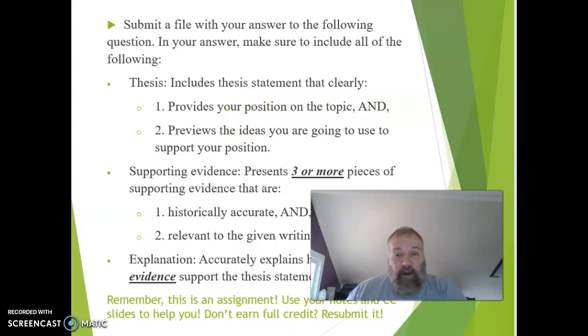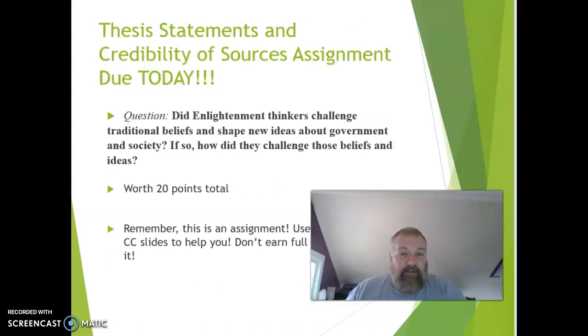Once you're done, you want to include your thesis statement, and it should clearly provide your position, which means I want you to pick. Your response should be, yes, Enlightenment thinkers challenged traditional beliefs and shaped new ideas about government and society by blank, blank, blank, however you want to answer that.